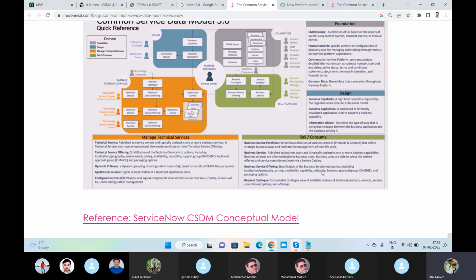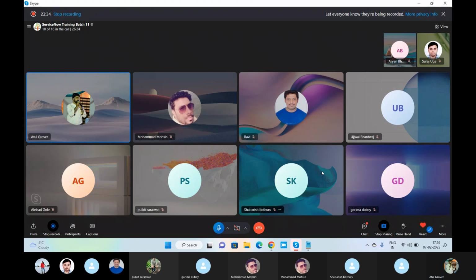I'll give you an example for this. Let's say Ravi purchased a Vodafone or any network provider SIM card. He's on a postpaid connection.